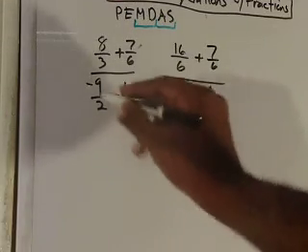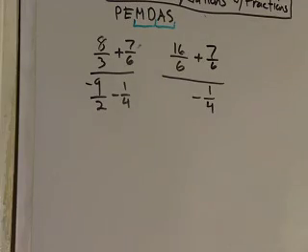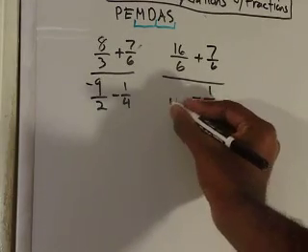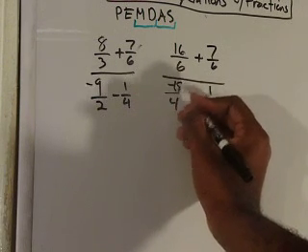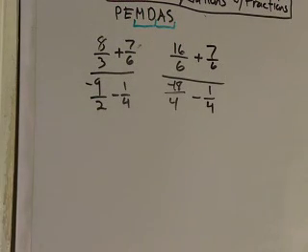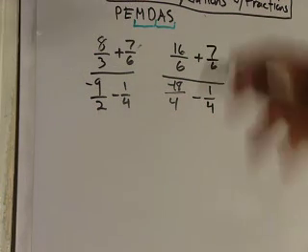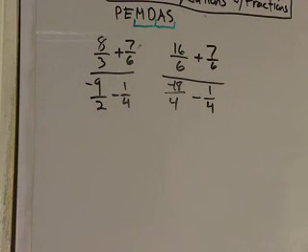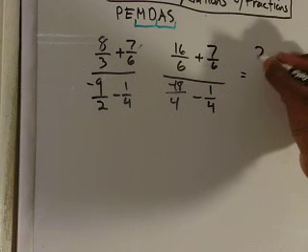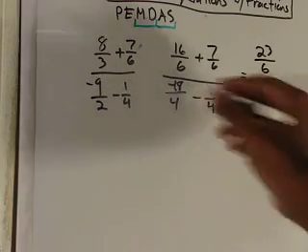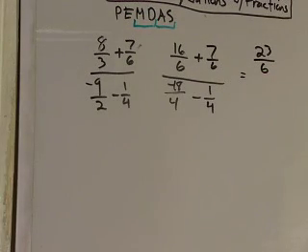So now I got to ask myself, what times 2 gives you 4? Well, 2 times 2 gives you 4. So also multiply negative 9 times 2. And then now you just do the math. So 16 plus 7, what does that give you? 23 over 6.